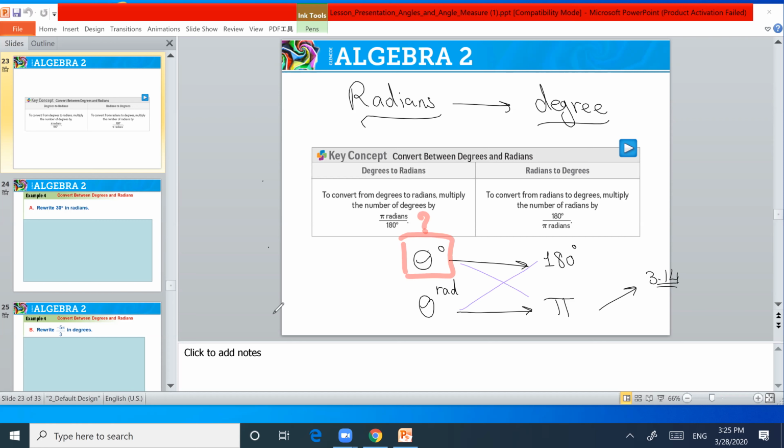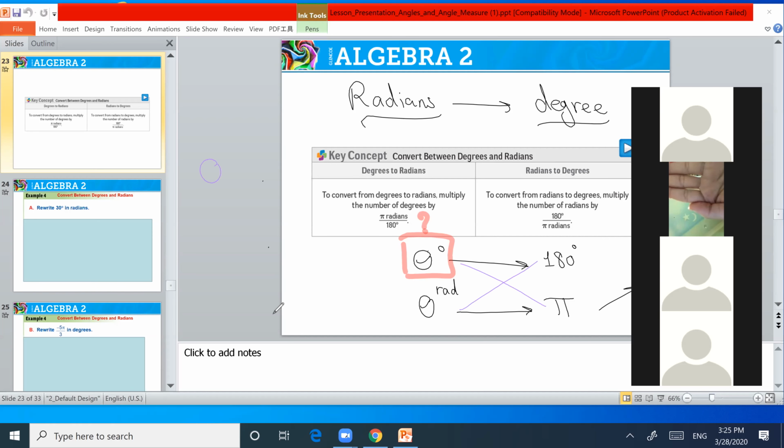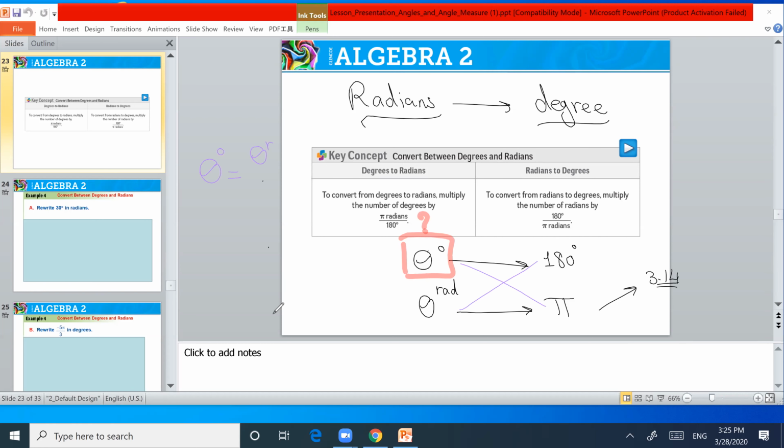So the angle with degree equals theta rad, the angle in the radian measure, multiplied by 180 over pi. So if you need to change from radian to degree, the angle in radian measure is multiplied by 180 over pi.